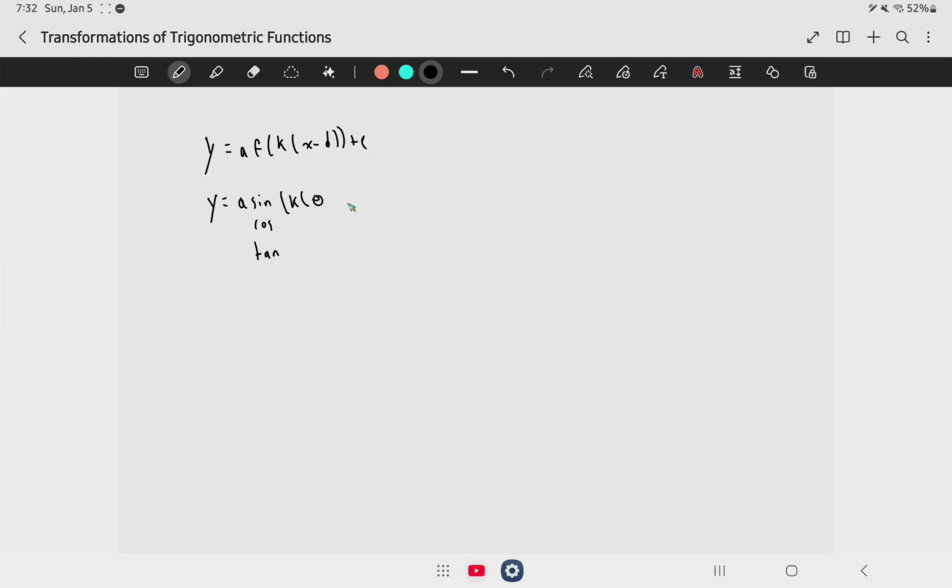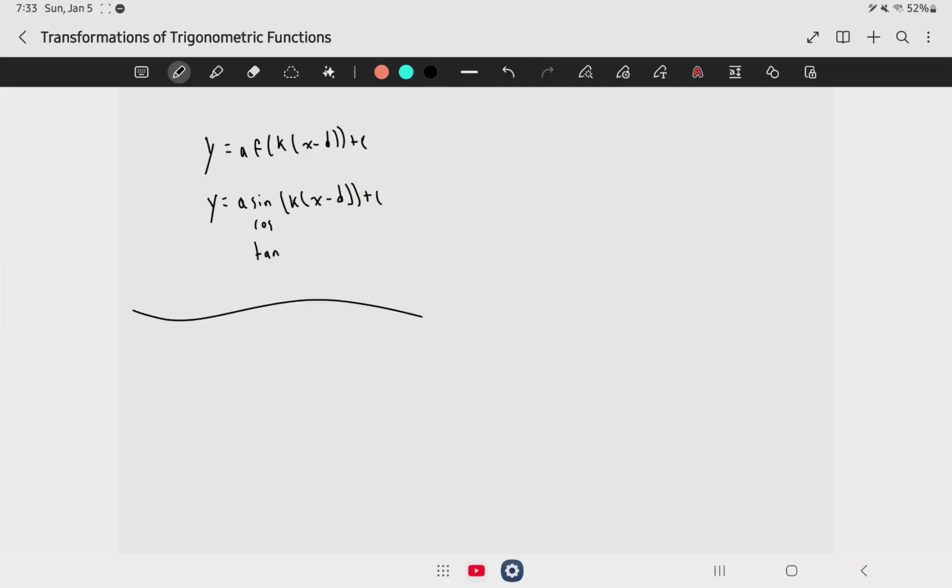And now this could either be theta or x. The actual variable doesn't really matter too much. Some people use theta, some people use x, depending on the question or something else. So I'll just switch to x just to make it a little bit easier. And then still minus d plus c.